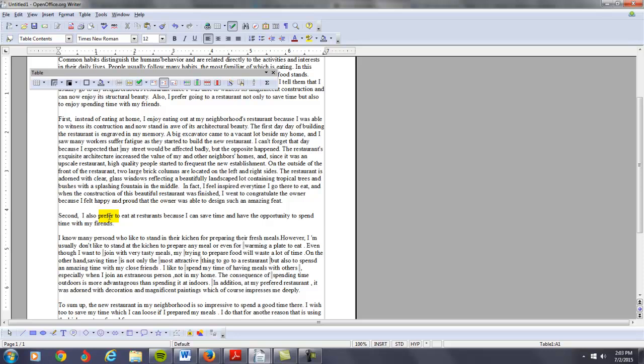So if you say this, what we're doing here is framing your paragraph, or giving your paragraph a topic sentence. The topic sentence directly connects back to what you've already set up here.